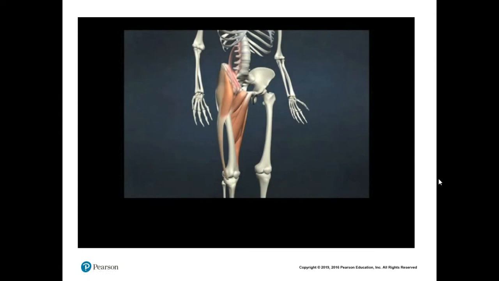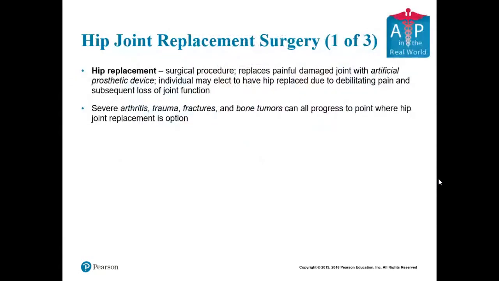Just wanted to show you how they're involved in moving the joints. We will have an entire 2 or 3 lectures on just muscles themselves. So we have many muscles to learn, 600 muscles that we have to be very familiar with.